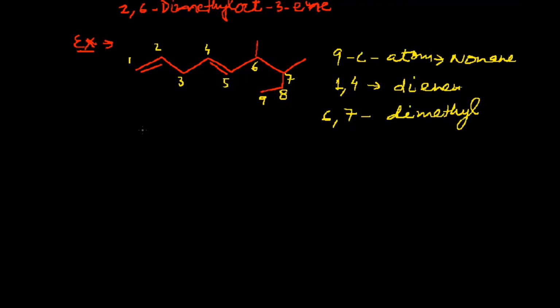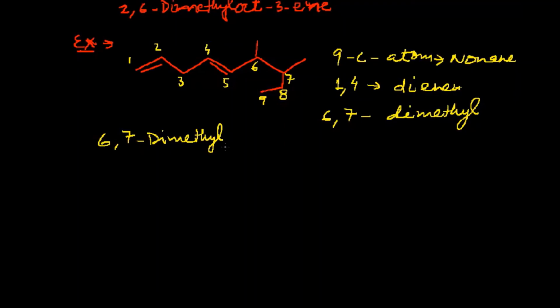So we can say its name would be quite easily 6,7-dimethyl. Here it is nonane and here it is diene. So how do we pronounce and how do we arrange the name?